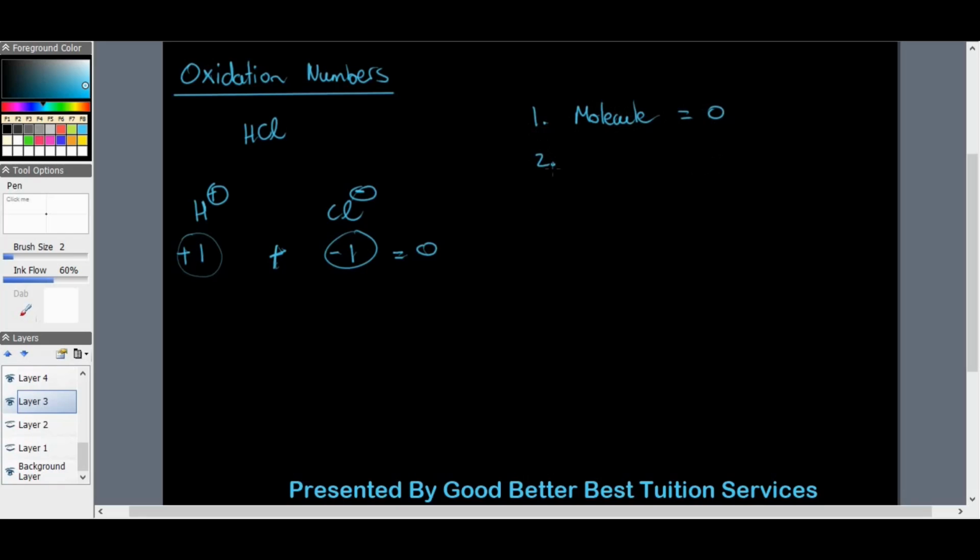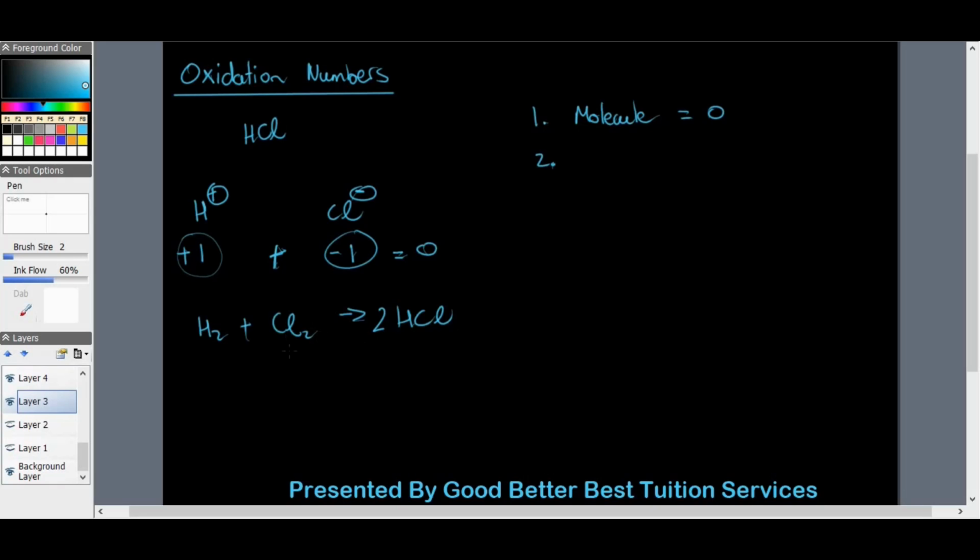Another rule of oxidation numbers: we do know also that hydrogen and chlorine, in the reaction state, so if I had hydrogen plus chlorine, I would obviously get HCl, and I would obviously have to balance the numbers there. Okay, so these are what are called uncombined elements. They are bonded just to themselves. They are not bonded to any other substance.